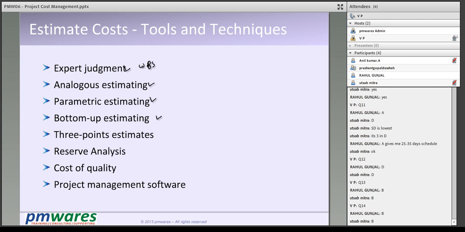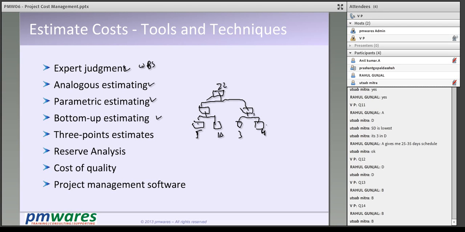Bottom up estimates, we learned about it. If this is the project hierarchy, then estimating these and summing them up: the 5, 10, 3, 4, how much is that? 22, so here it becomes 22.